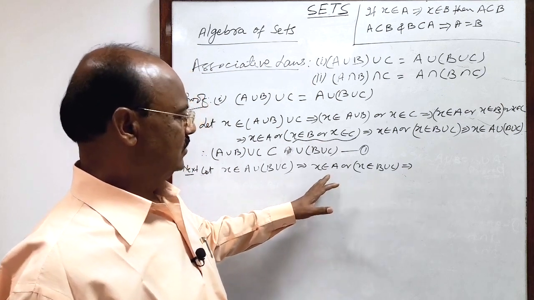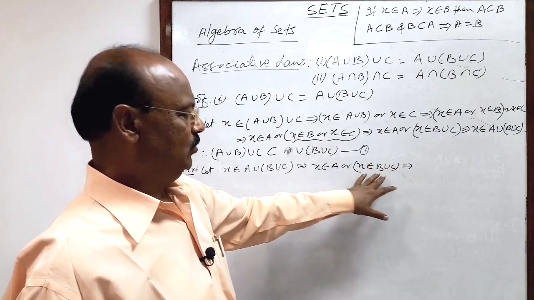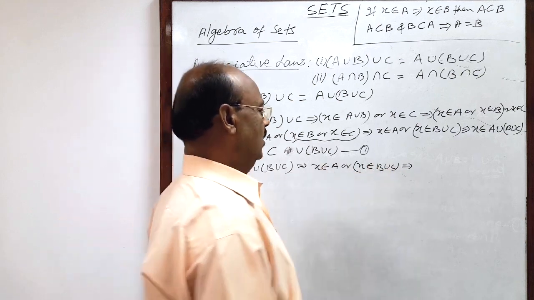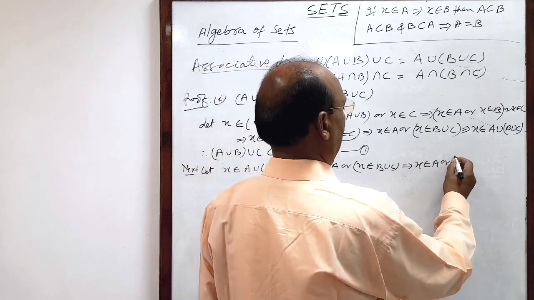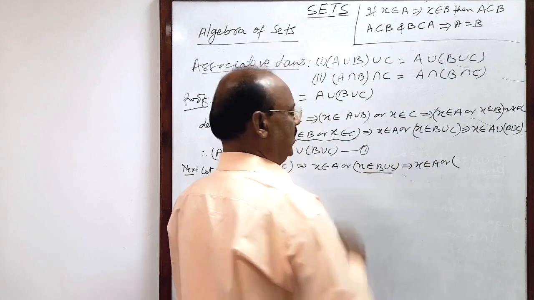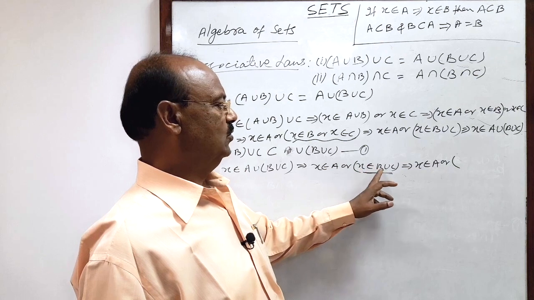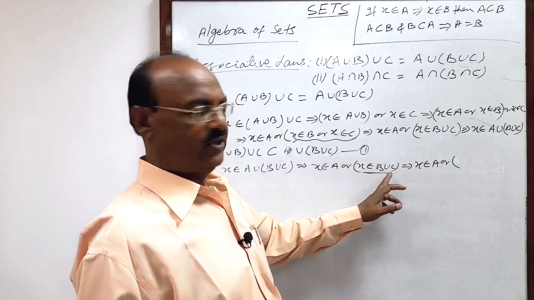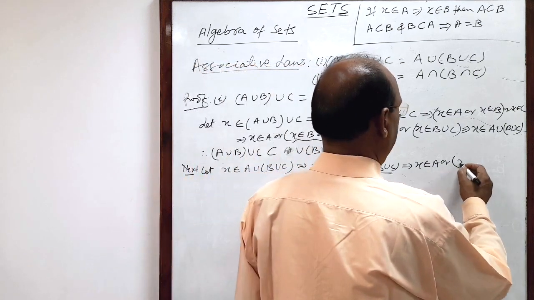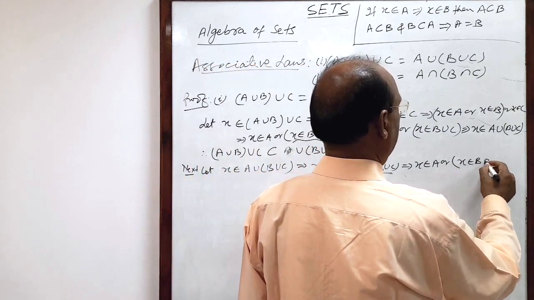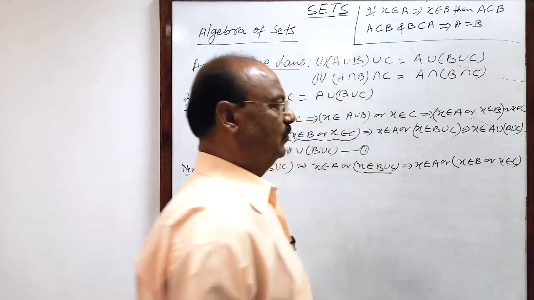Here also we can shift the bracket from the last two to the first two sets. So this can be written as X belongs to A, or again X belonging to the union of two sets. So either X belongs to set B or X belongs to set C, then X is in B union C.